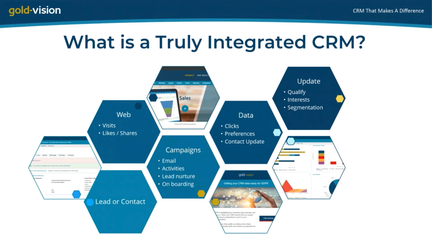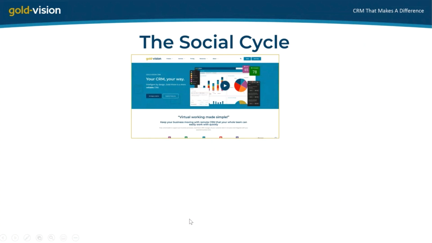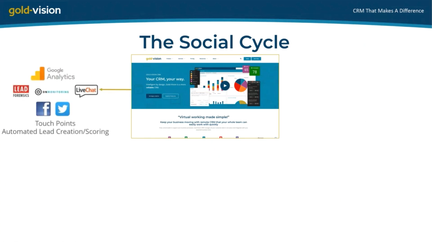A truly integrated system will enable you to take that lead from wherever it's come from and use it for campaign nurture management, and then update that data so that you can use it ongoing and ultimately sell to that individual as well. GoldVision offers the true sales cycle.